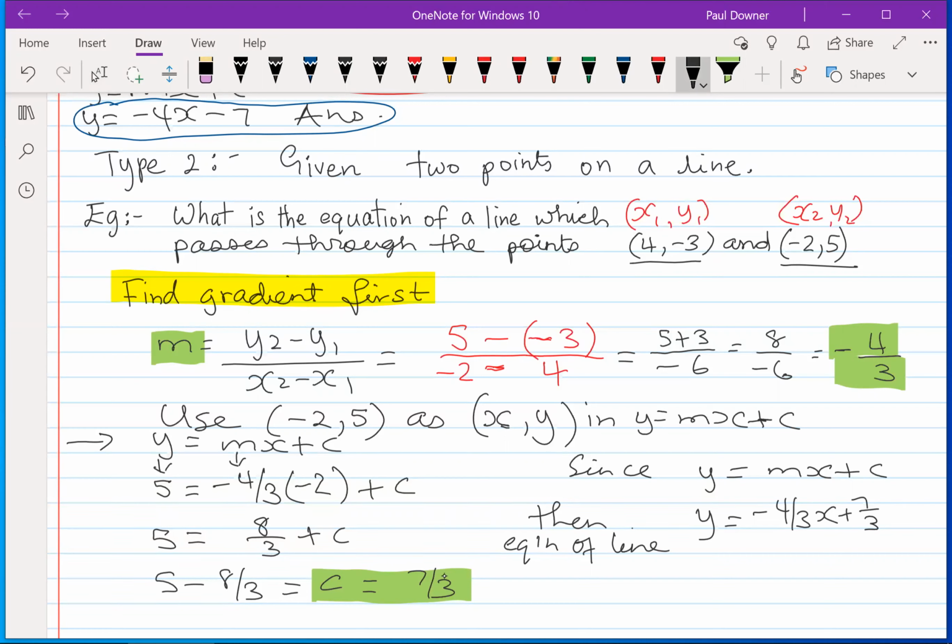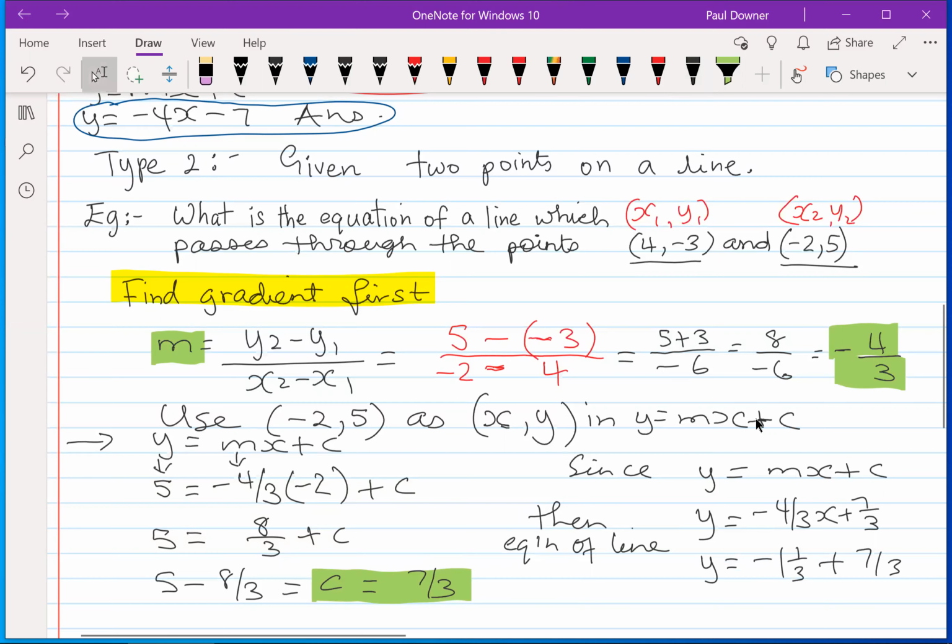Now we could do some more things if we want. The -4/3, that's an improper fraction. We could make it into a mixed number. So we could write it as y is equal to -1⅓ plus 7/3, because -4/3 is the same thing as -1⅓.